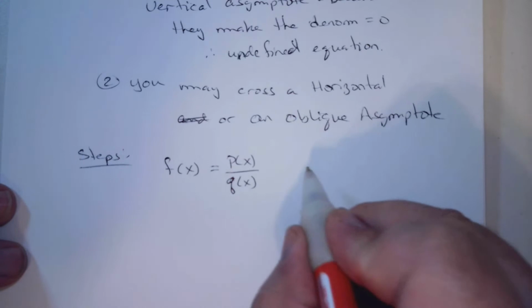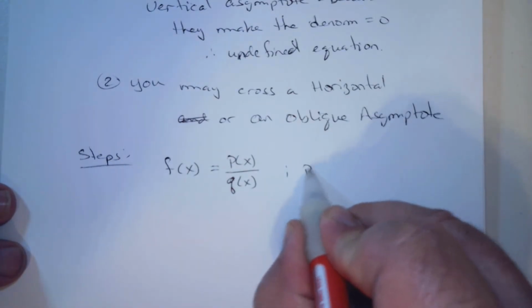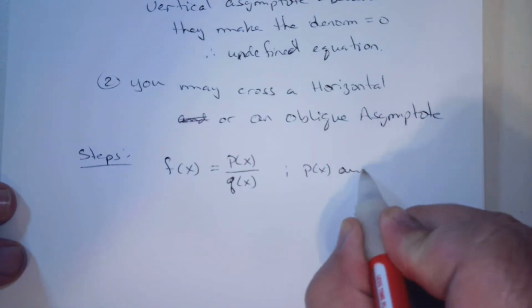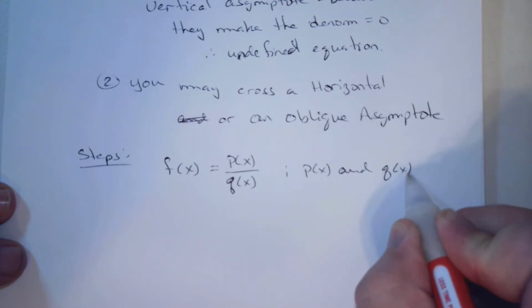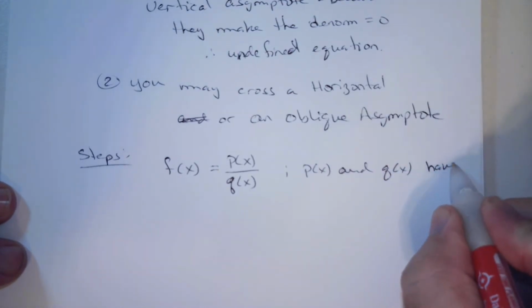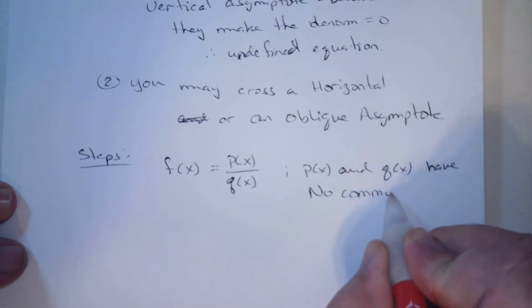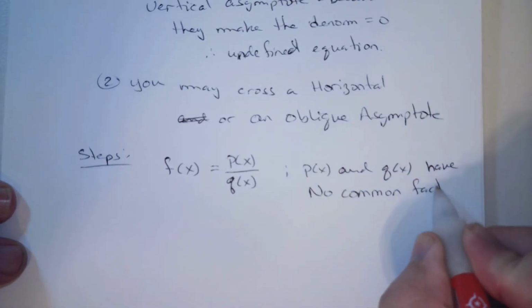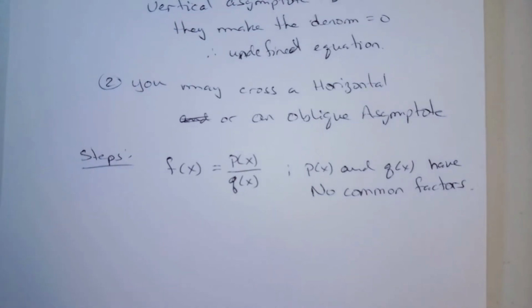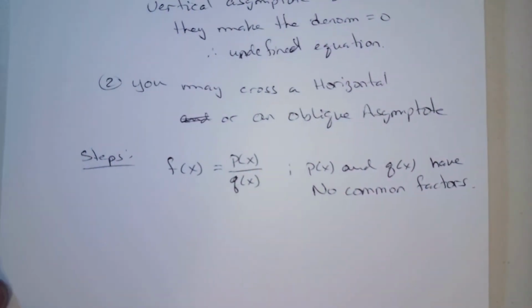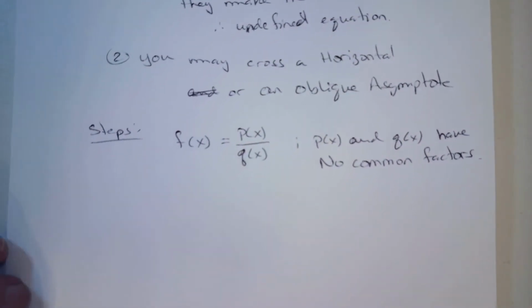Right now we're going to look at the top and bottom having no common factors. If the top and bottom do have common factors, that changes a little bit because it changes which vertical asymptotes we have.